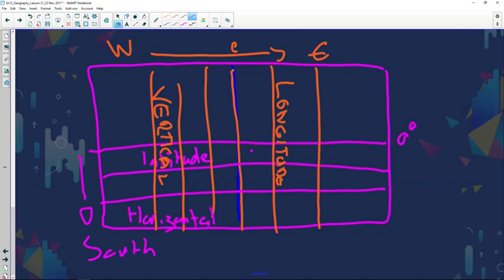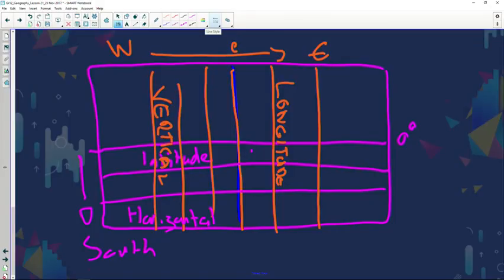Now, this is a tip that I can give you, because once you write your second question paper, your mapwork paper, you're going to get a topographical map representing a town or city in South Africa. If you look where South Africa is on the world map, we are south of the equator, and we are east of the Greenwich.